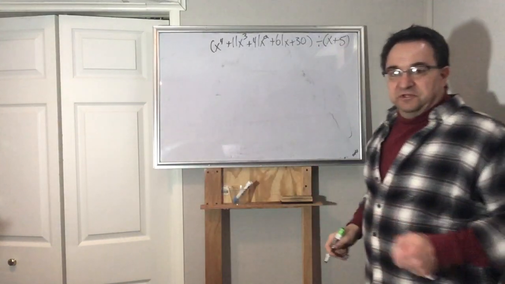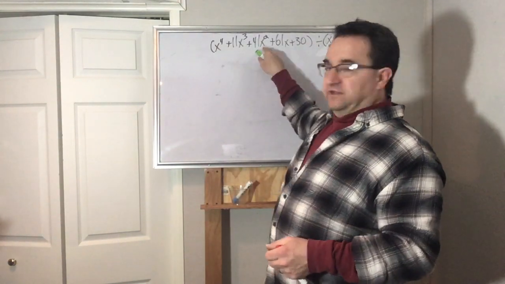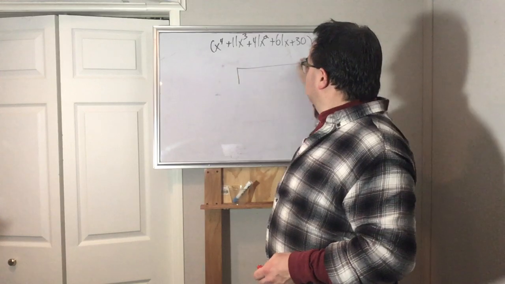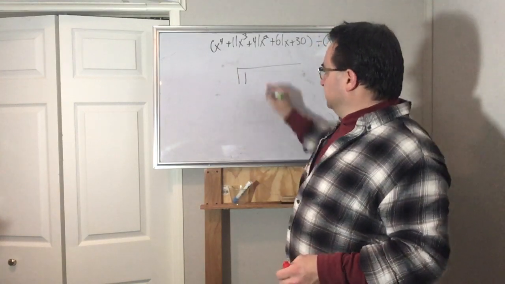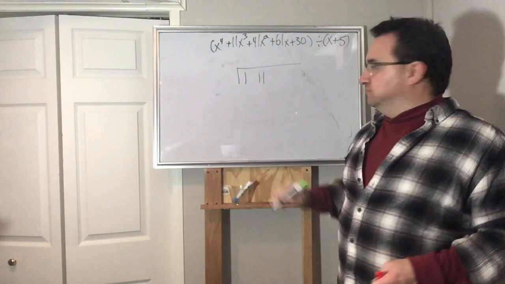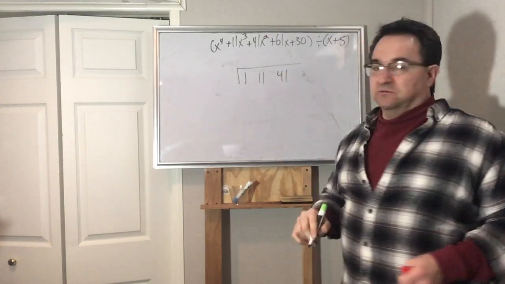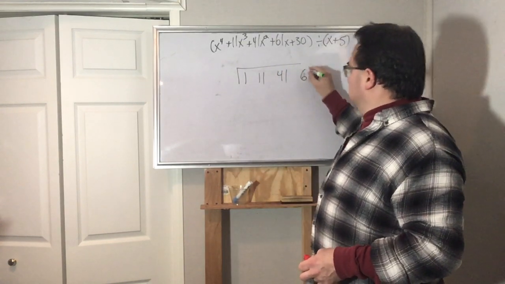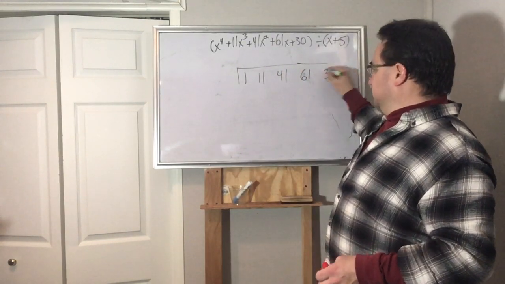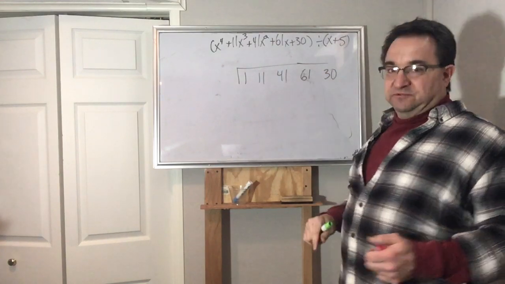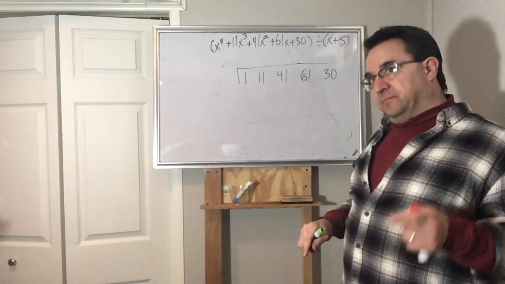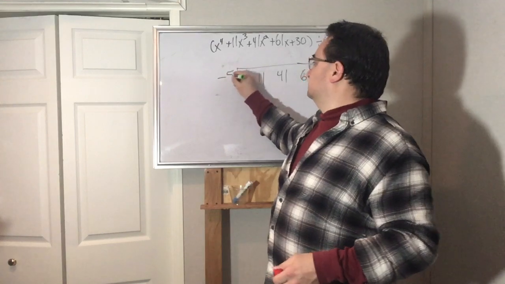Alright, so that one's a little bit longer. This goes under the hood. 1x to the 4th, 11x cubed, 41x squared, 61x plus 30, divided by x plus 5, so I just steal the number and switch the sign.